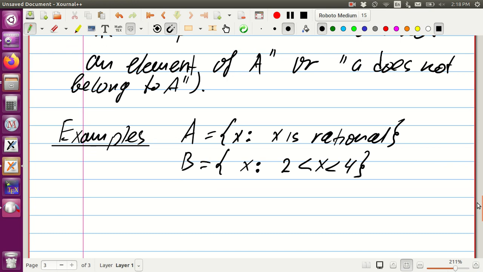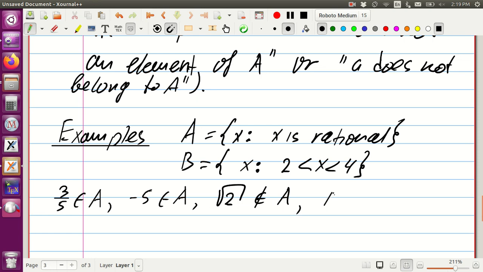So let's see what would be in A. Like 3/5 will be an element of A. -5 will be an element of A. But the number square root of 2 will not be an element of A, since square root of 2 is irrational. Or the number pi, which is also a famous irrational number, is also not in A.